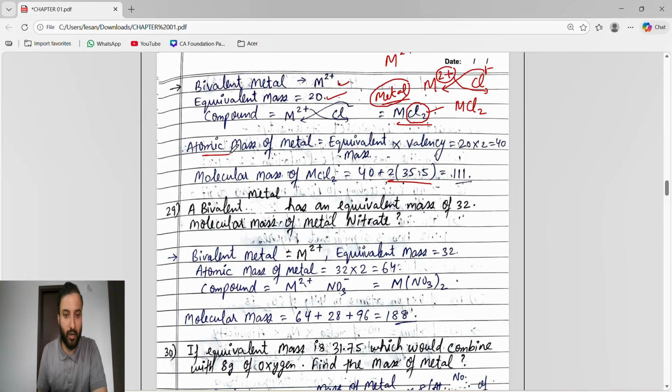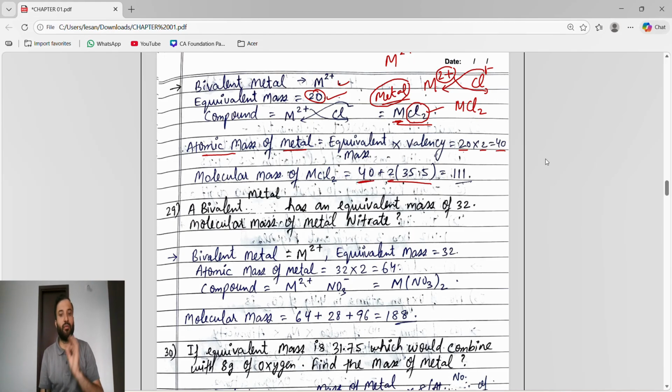Understand the formula: atomic mass of metal is equivalent mass into valency. Equivalent mass is 20, valency is 2, so 20 into 2 is 40. So the atomic mass of M is 40.